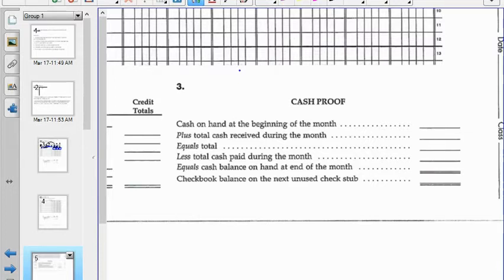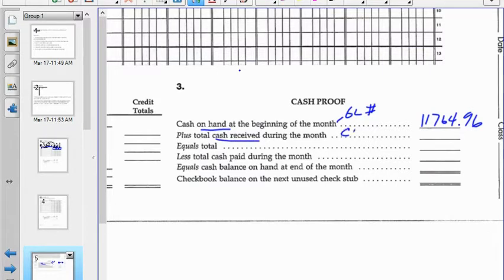It says step 3, prove cash. In October 1, the cash account balance in the general ledger was $11,764.96. That's going to be the cash on hand at the beginning of the month. Okay? That's my general ledger number. Now it talks about adding cash received.